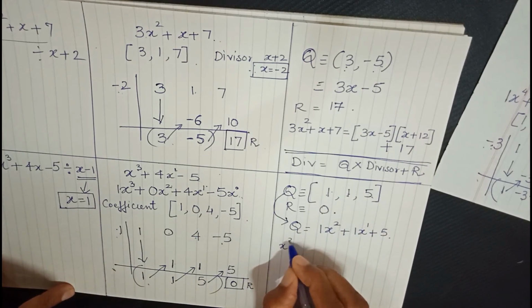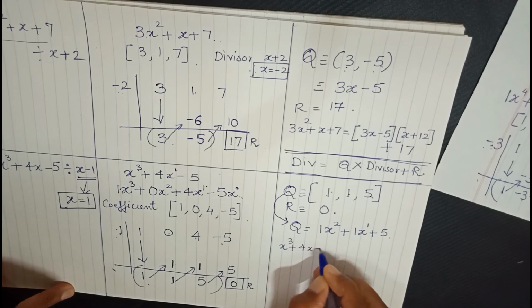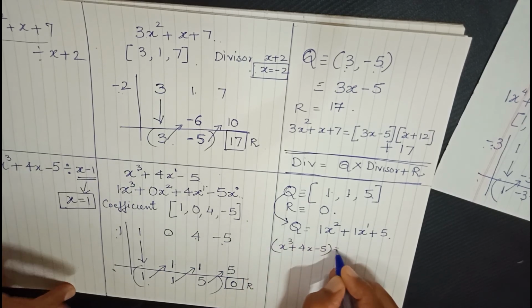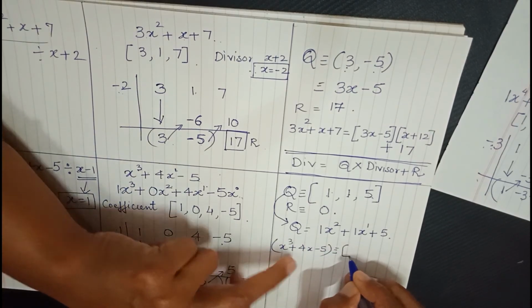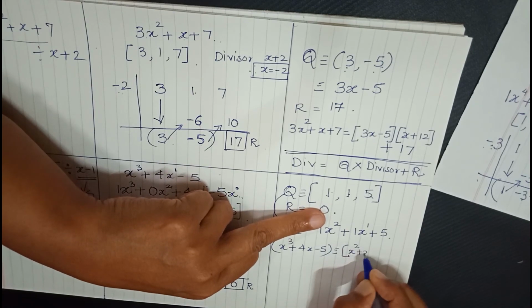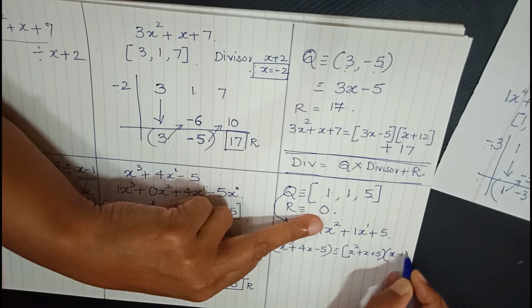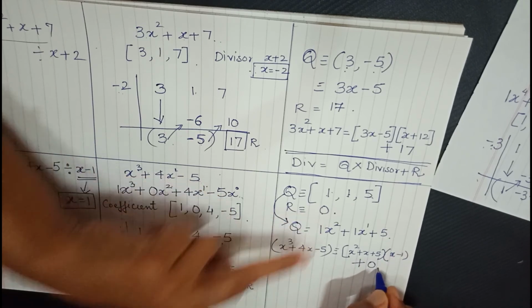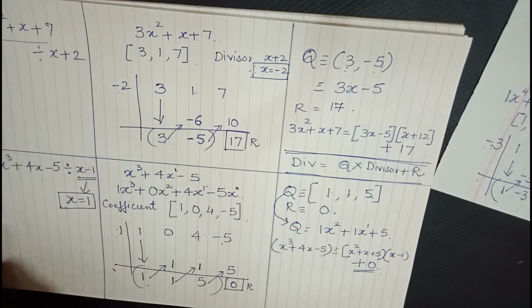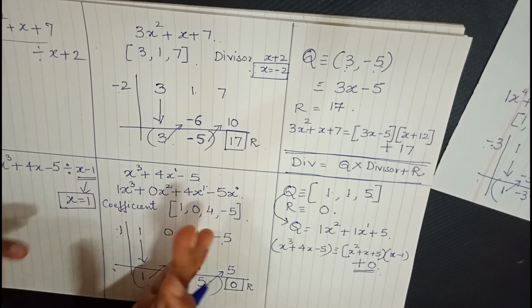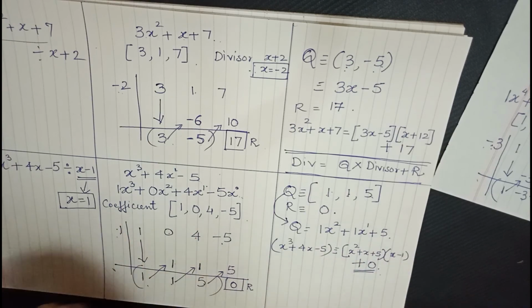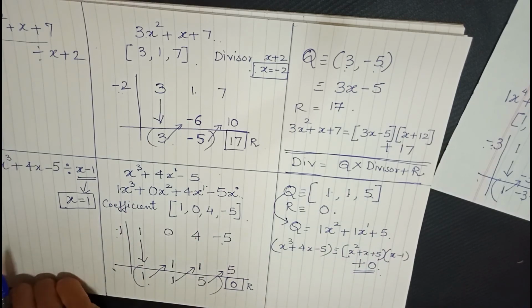So now this also can be written as, dividend, that is the number which we had to divide, is equal to quotient, that is x square plus x plus 5, multiplied by the divisor plus the remainder. Here the remainder is 0. So I hope you have understood the synthetic division and you will be able to do these sums and also verify it using the vertical division. Thank you.